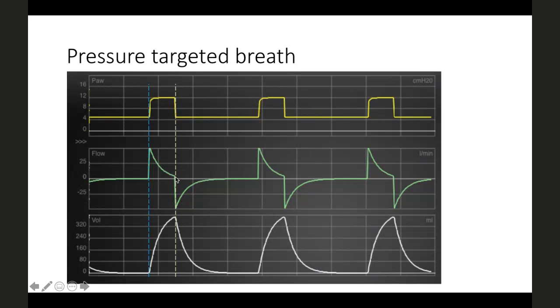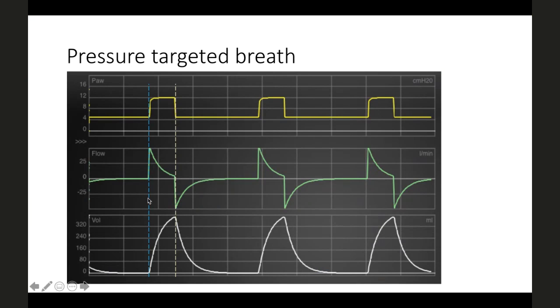If you look at the flow pattern in the spontaneously breathing patient also, physiological breathing also, you can see there is a peak inspiratory demand during the beginning of the inspiration. So this decelerating pattern of flow somewhat is similar to our physiological flow requirement.